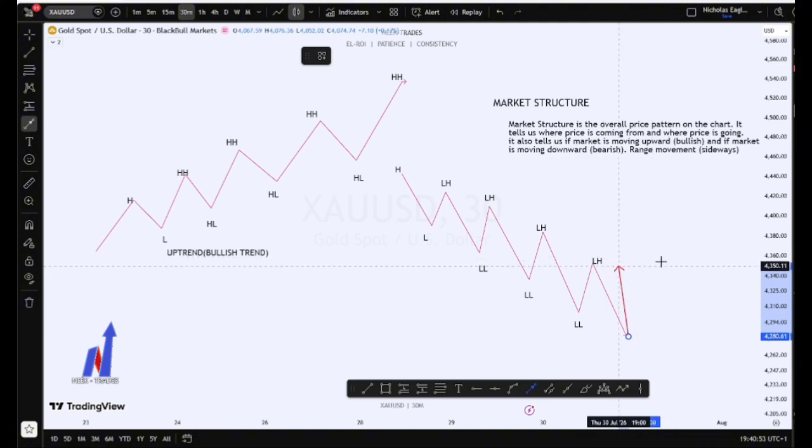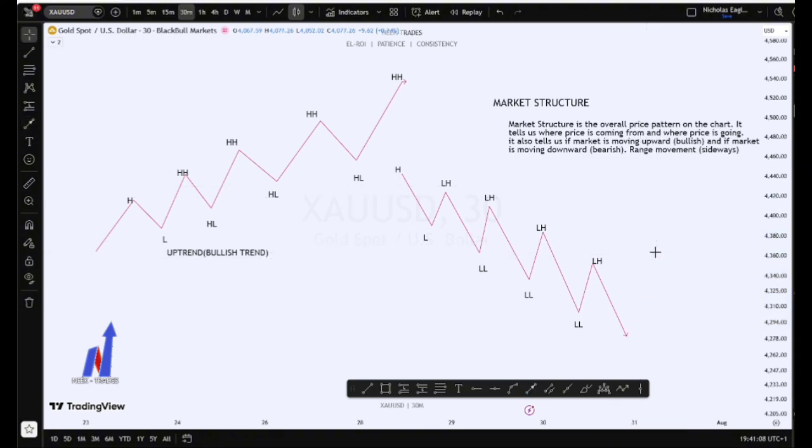A market shift occurs when the lower high is being broken to the upside. Market changes character, changes direction, breaks up. Then we know that market has changed direction, now becomes uptrend.